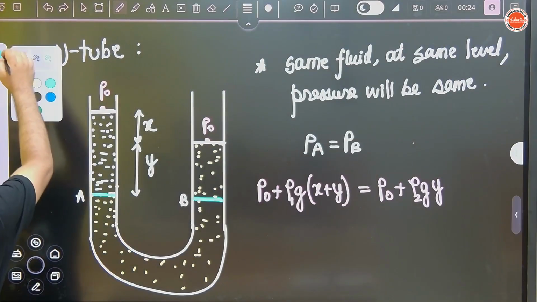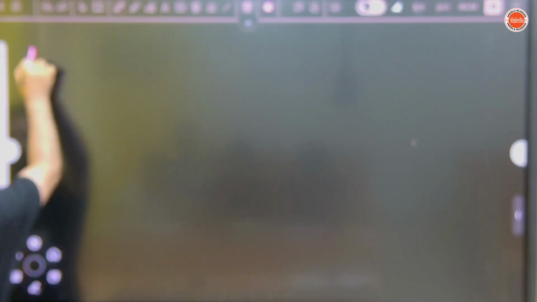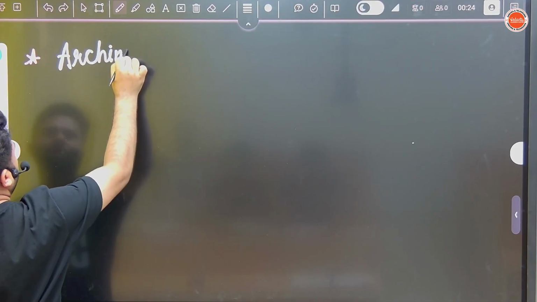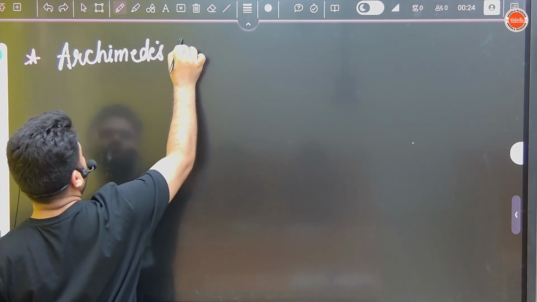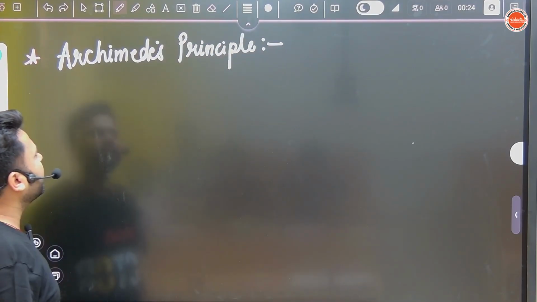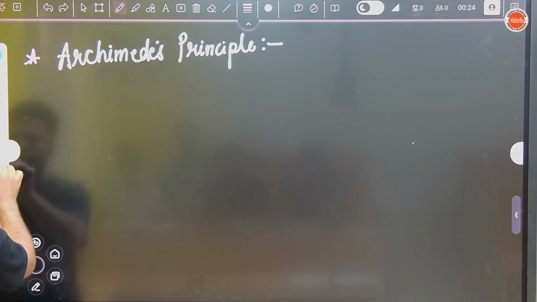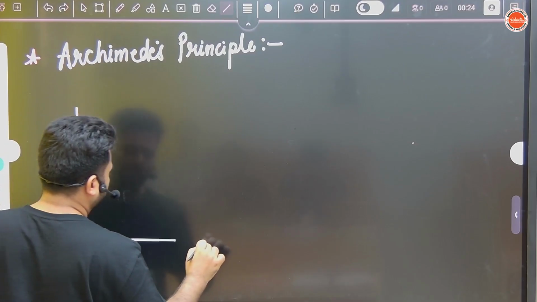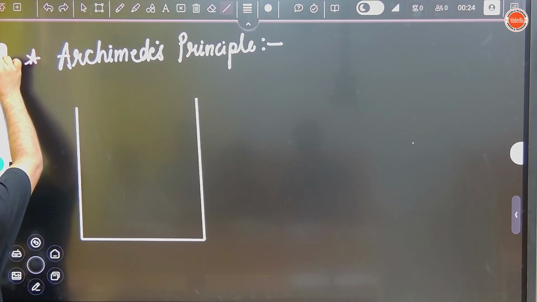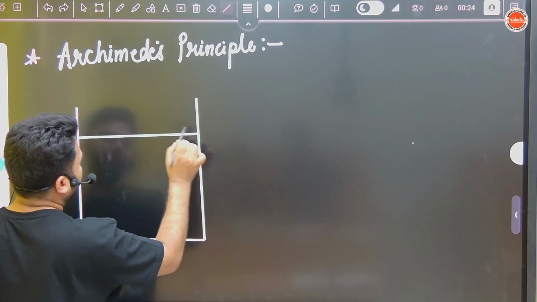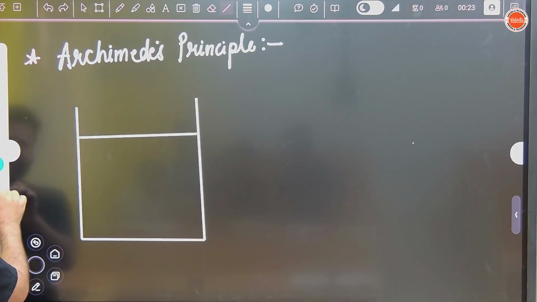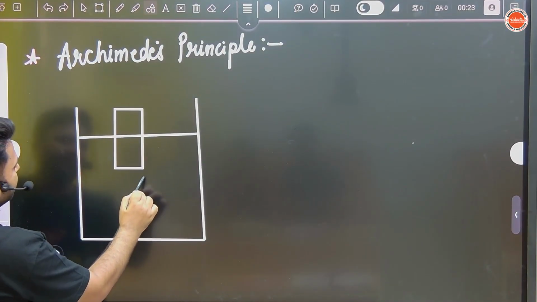Next we have Archimedes principle. Suppose we have a container in which water is filled, or any fluid, not only water, and there is an object like this.